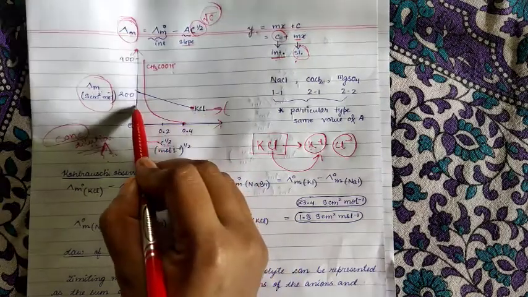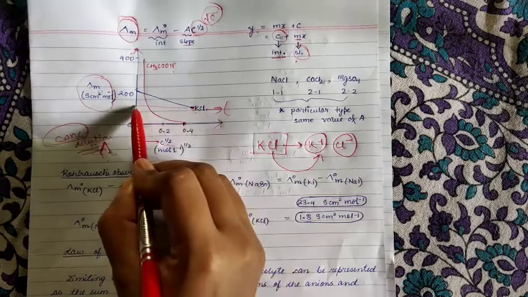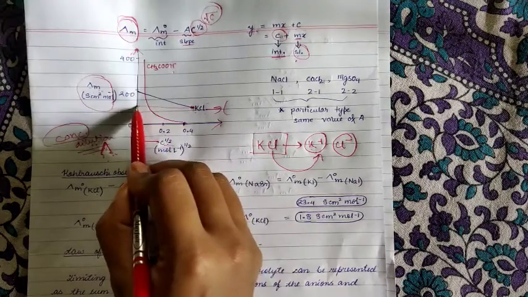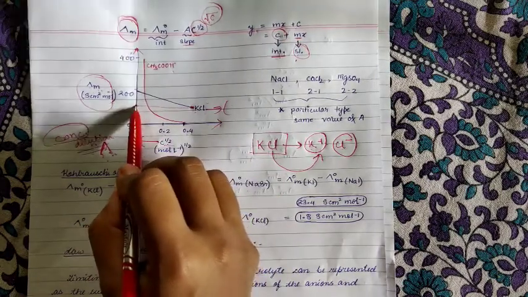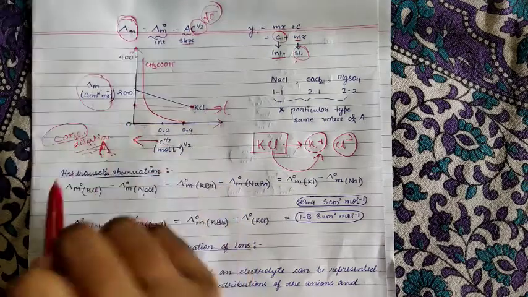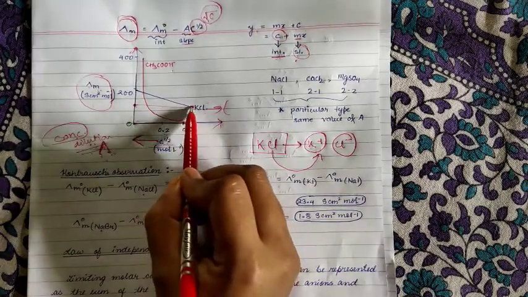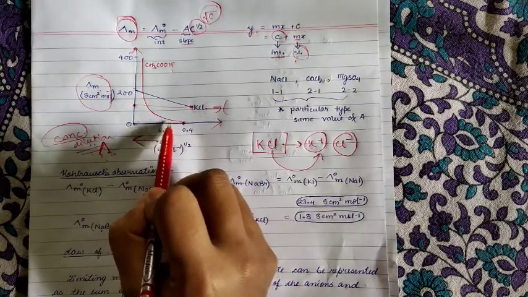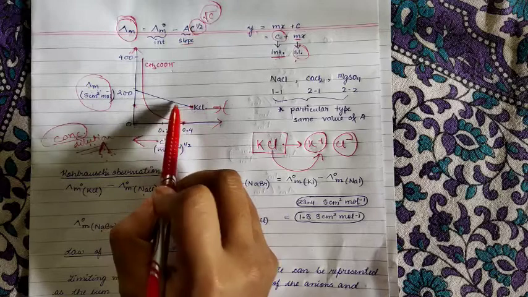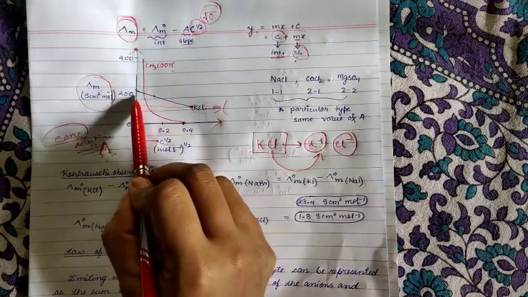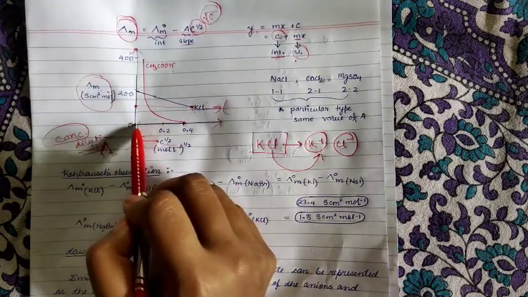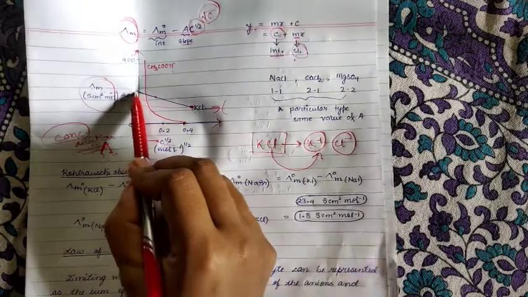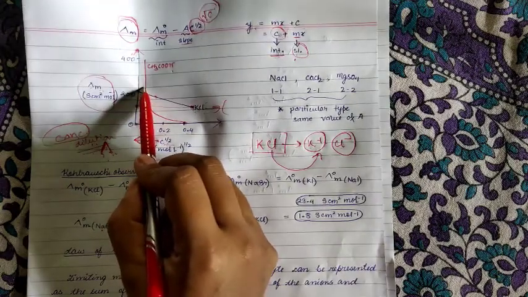So you can see that the lambda m is less here, okay? So the lambda m is around 150, suppose. Now when you come this way, means you are adding water, you are making more ions. At this point lambda m is increasing, and at 0 concentration you will get a particular lambda m. Clear?